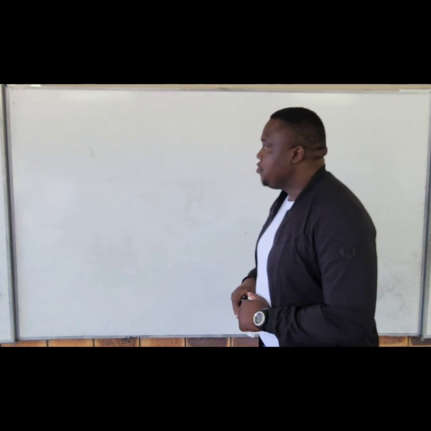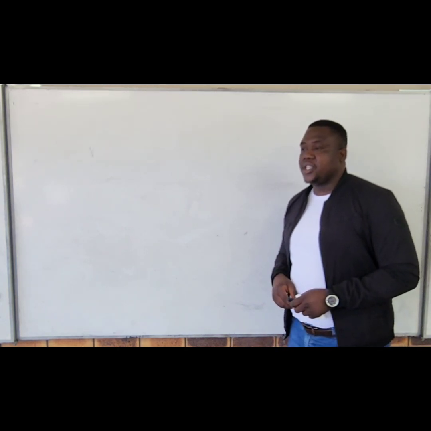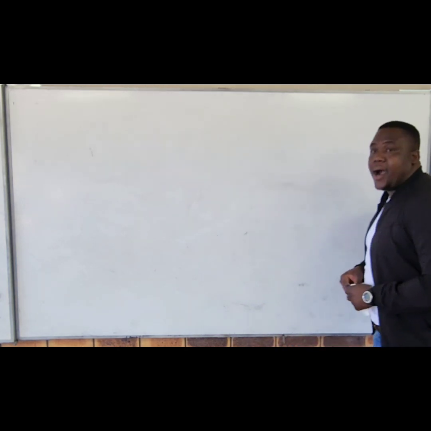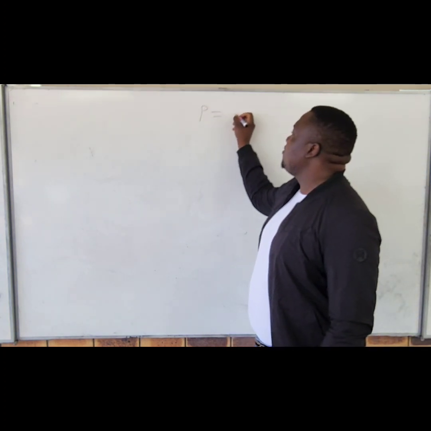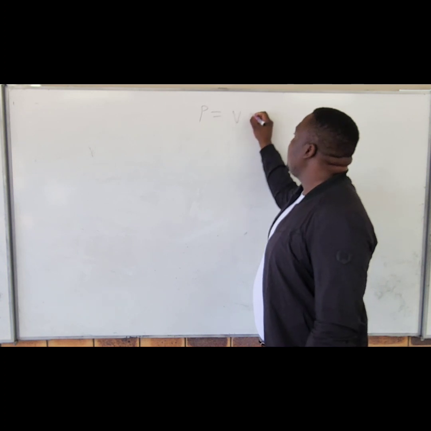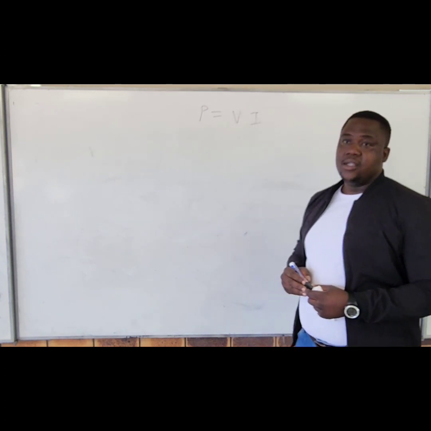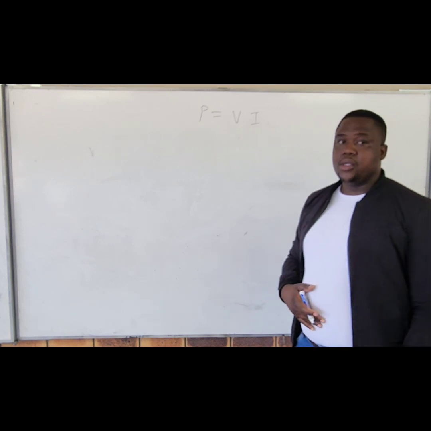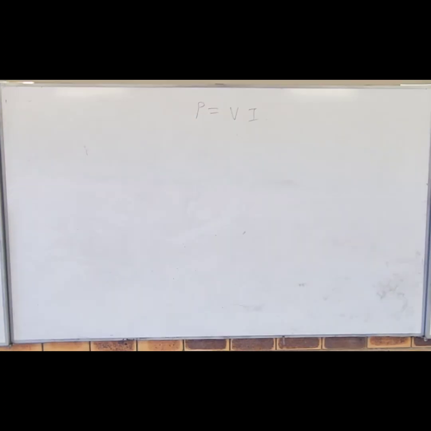So we move. Okay, in the second lesson, we were making a demonstration of power. We said power is given by this formula, P equals VI, the voltage and the current, right? Let us recap this.